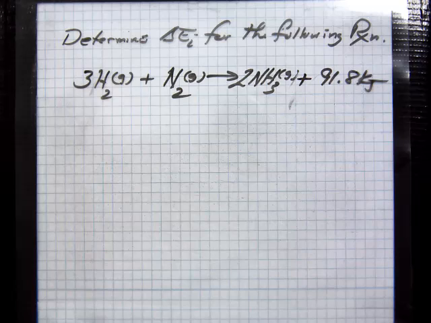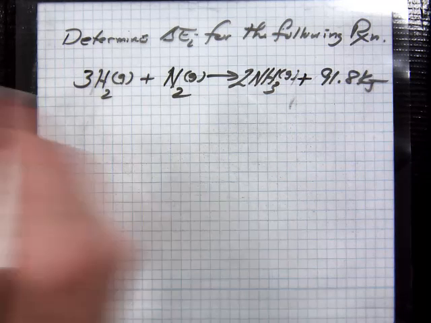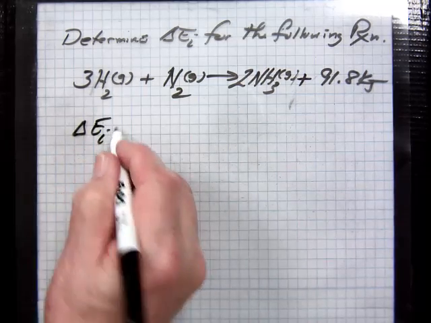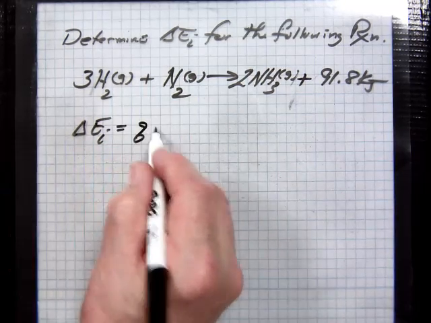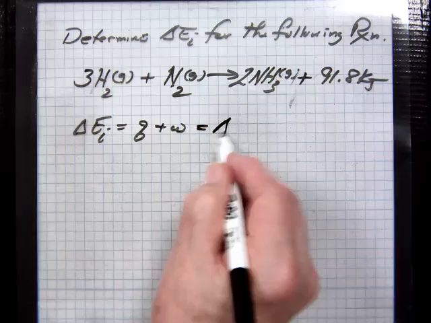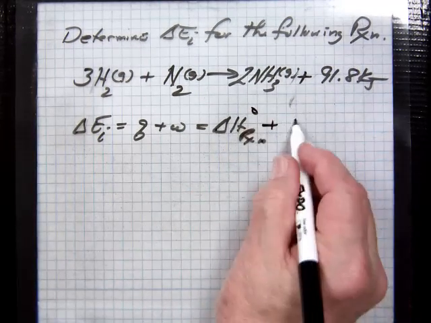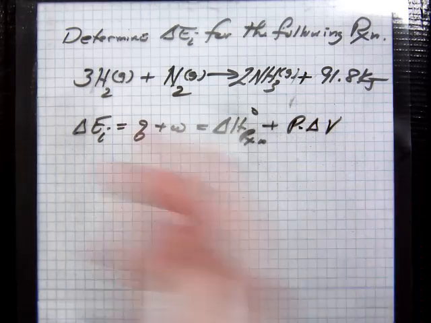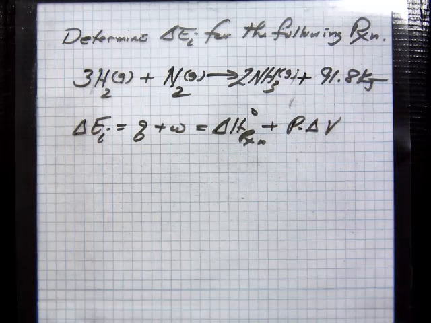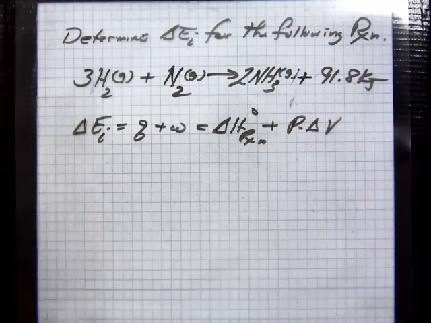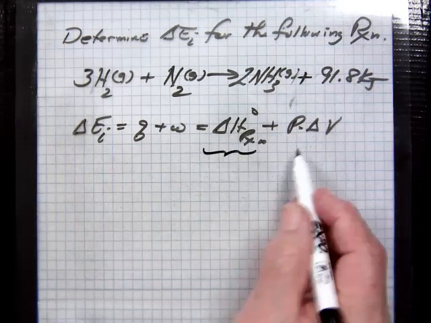Determine, based on that data, the change in internal energy. Change in internal energy is Q plus W, which is delta H of the reaction, standard conditions, plus P delta V. You need 2 things.